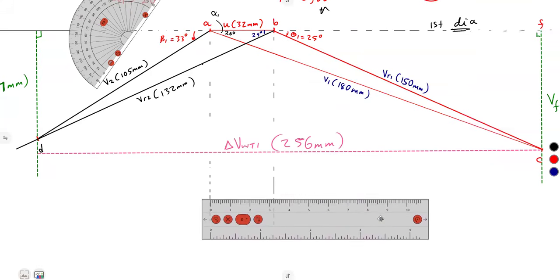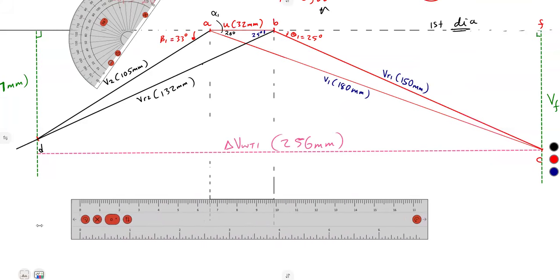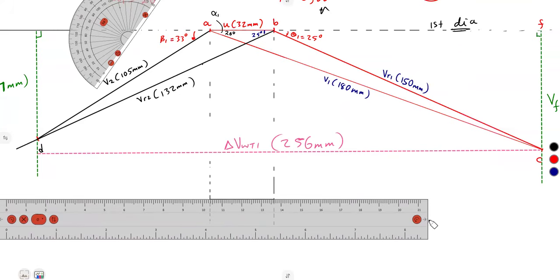So this is going to be our AB, the same measurement that we are given there. Let us also consider our horizontal view because we're going to need this one later on.